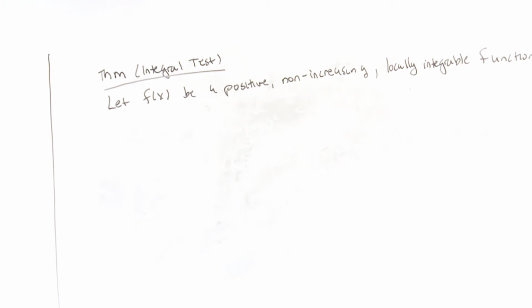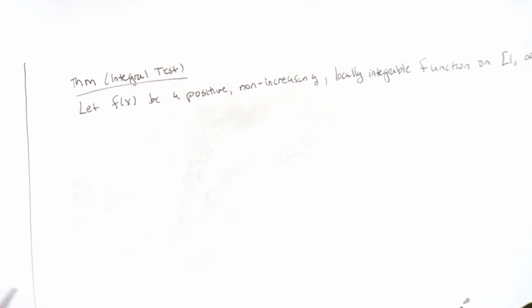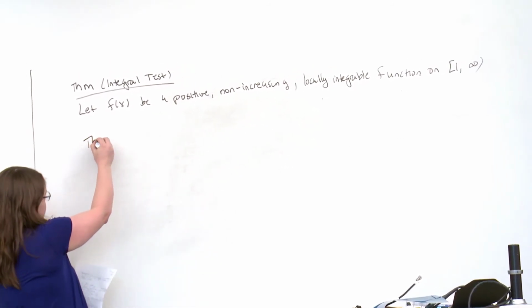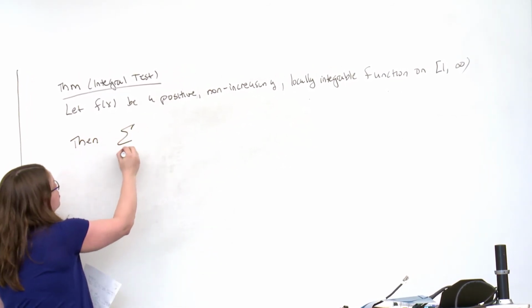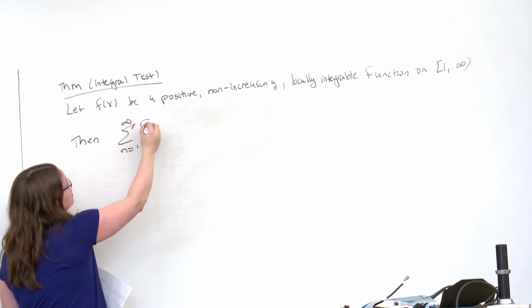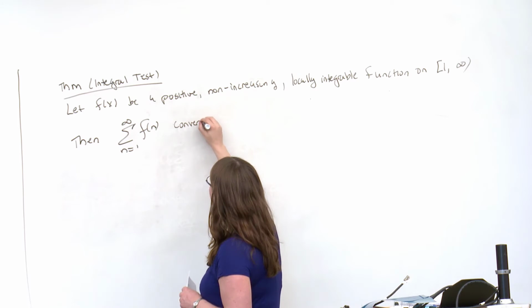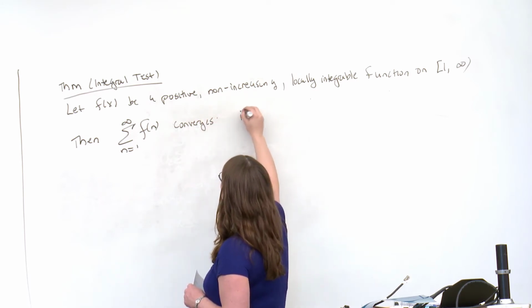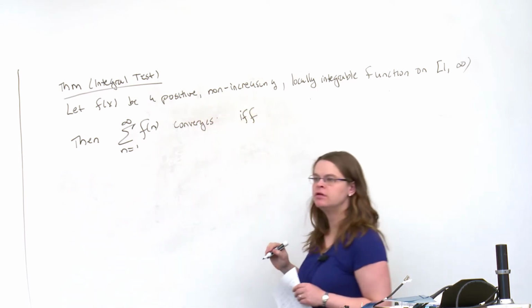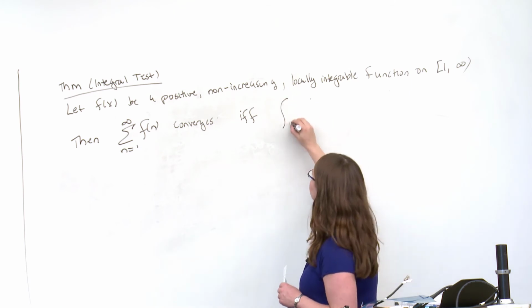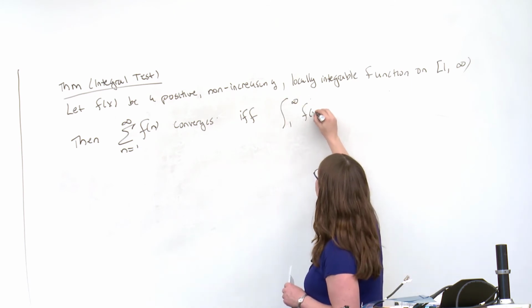Okay, then this theorem says there's a great correlation between adding up discrete terms of f or just integrating f. And in fact, this series converges if and only if the integral from 1 to infinity converges.